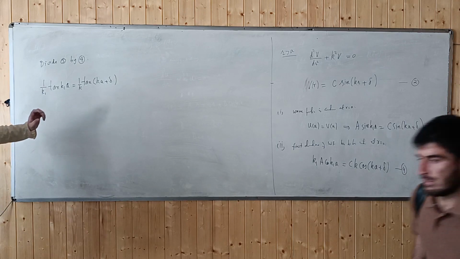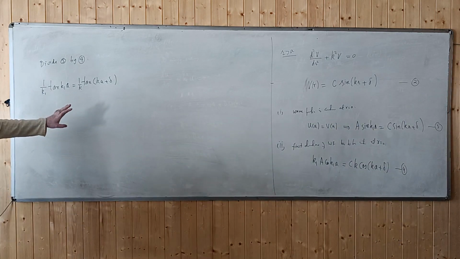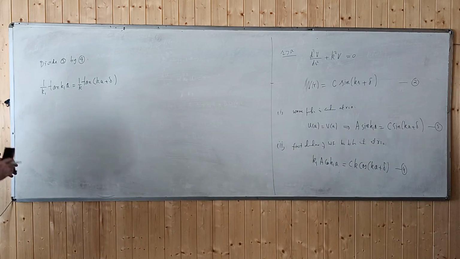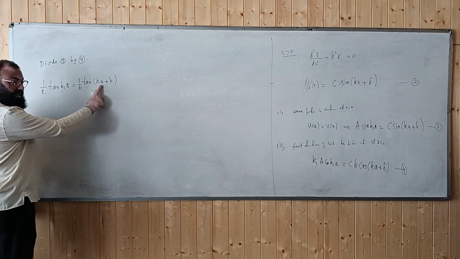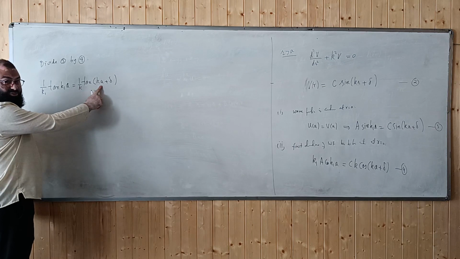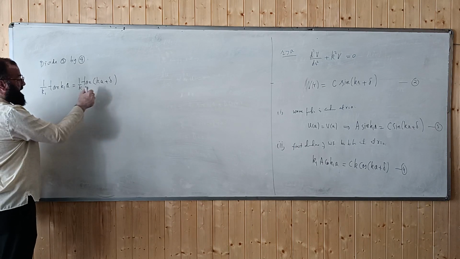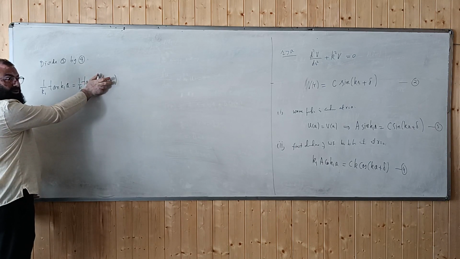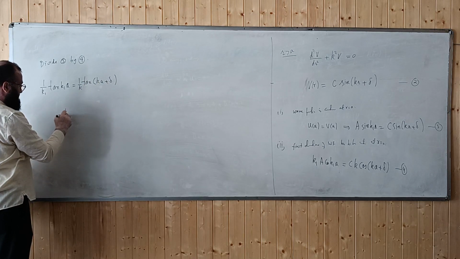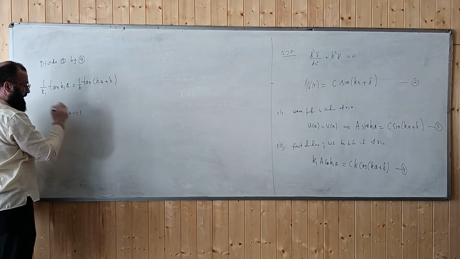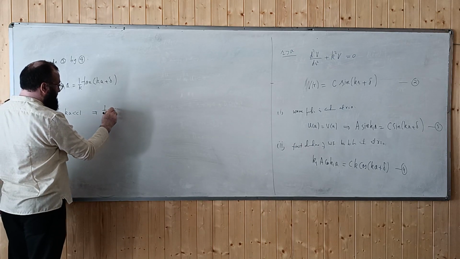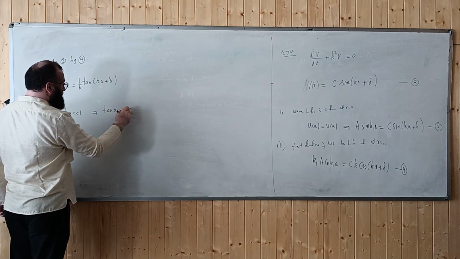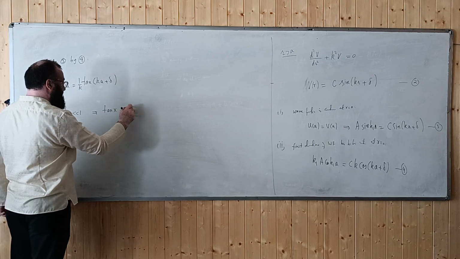Now, since we are in the low energy domain, clear? If you are in the low energy domain, what is the value of ka? It's small. That means the argument here is very small. Since ka is much less than 1, I can always write tan of x equal to sine of x.